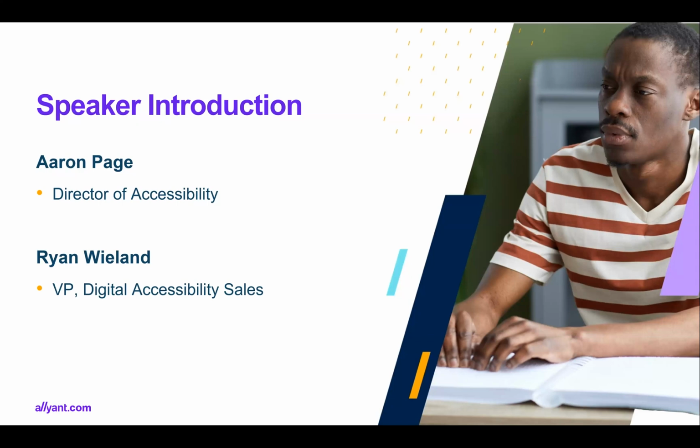I get to work with customers, not just here in the US where I'm located or where a lot of our staff is located, but also globally, helping teams understand how accessibility can play into their customer communications, helping them build roadmaps. I've had the opportunity to work with really small clients all the way up to very large enterprises, which keeps me on my toes. So I echo Aaron's thoughts. I'm really excited to talk today about VPATs and how VPATs play into broader accessibility roadmaps, journeys, procurement, etc.